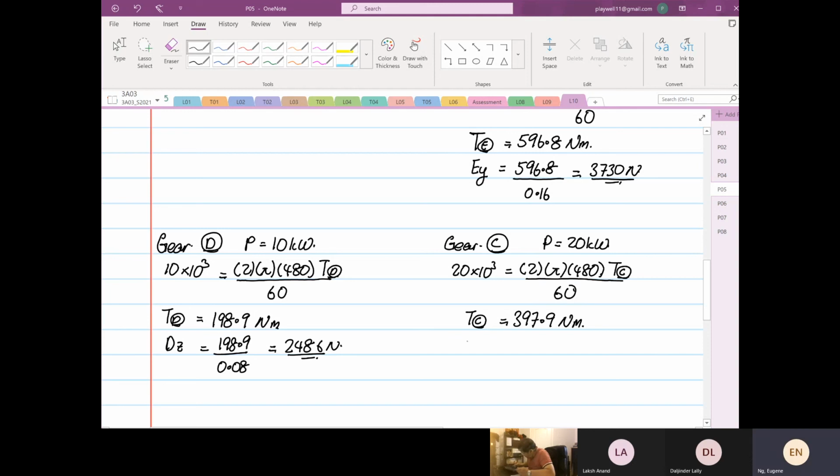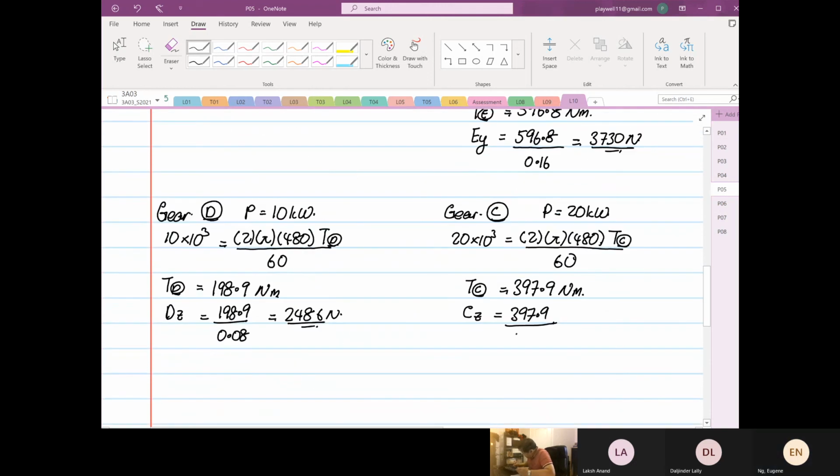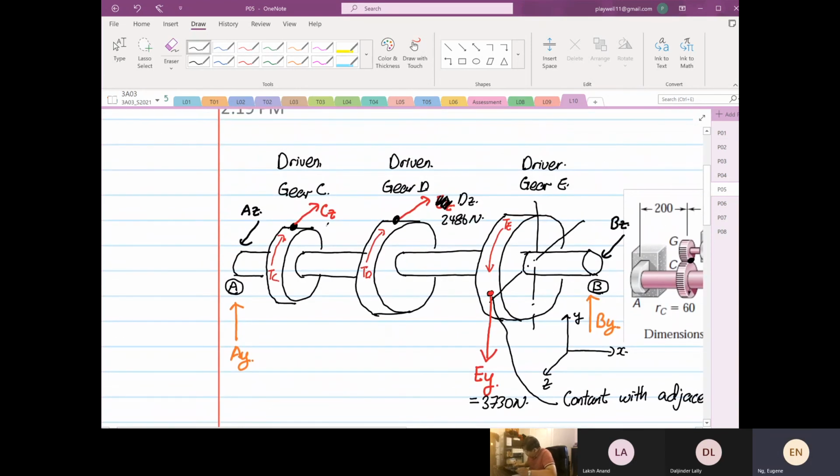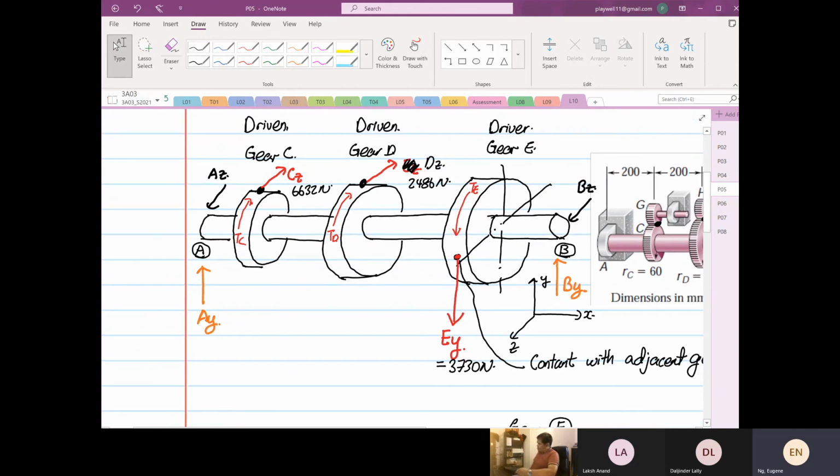And then the force in the Z direction is 397.9 divided by the radius 0.06, which is equal to 6632 Newton. Once the forces are done and you know the direction, the rest are more straightforward.